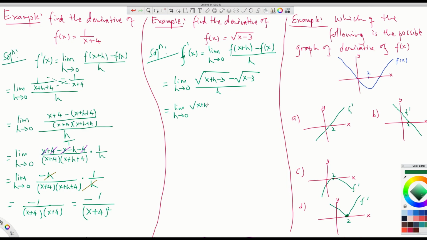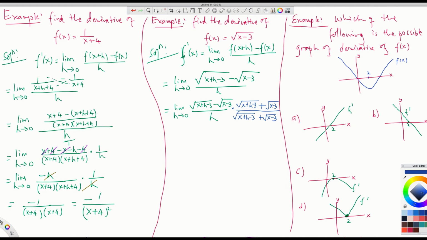Root of x plus h minus 3, minus root of x minus 3, divided by h, times the conjugate of the top: root of x plus h minus 3 plus, because there was a minus in the middle I replace it by the plus, root of x minus 3. I divide and multiply by exactly the same thing.